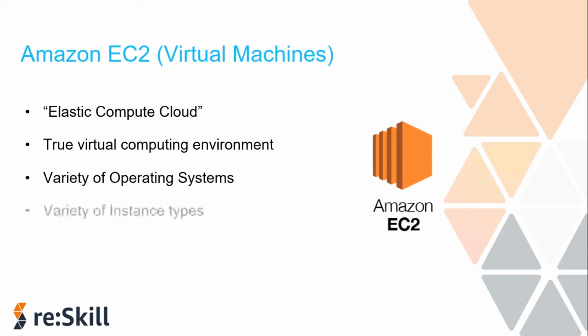And choosing which instance types you want, then start, terminate, and monitor as many instances of your AMI, which is Amazon Machine Image, as needed using the web service APIs or the variety of management tools provided.